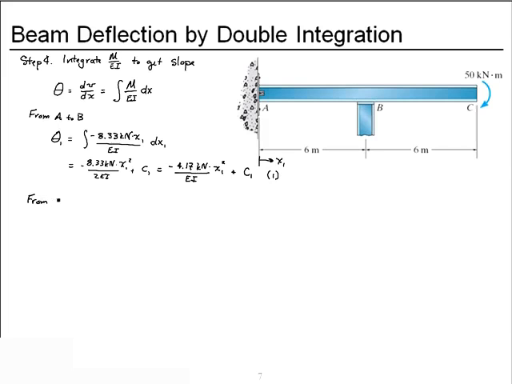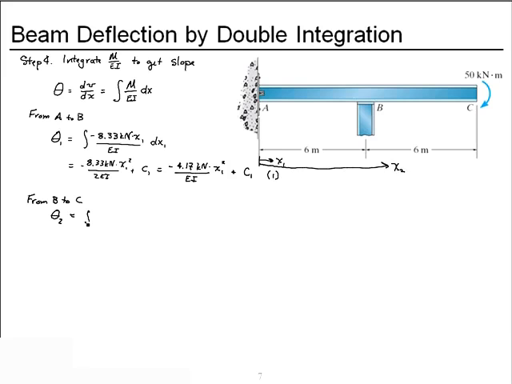Now, from B to C, we'll get an equation for the slope, and we'll call that theta 2. This is the range of x2.